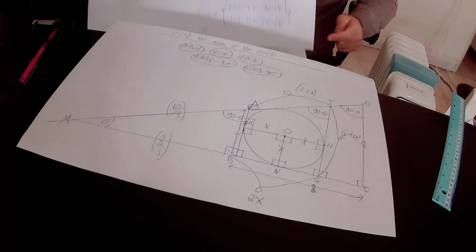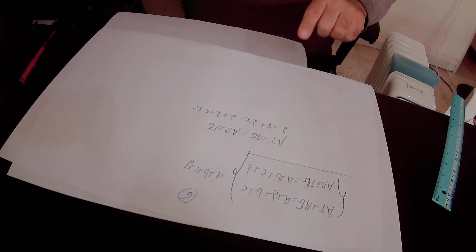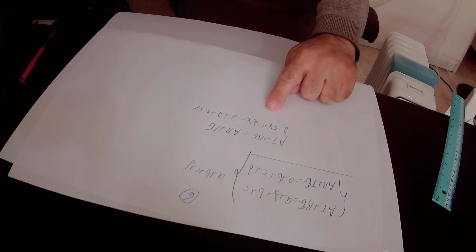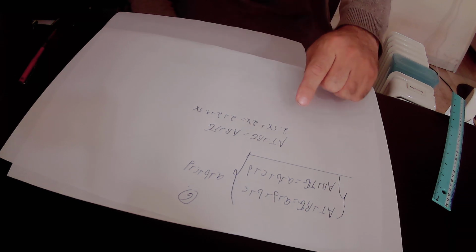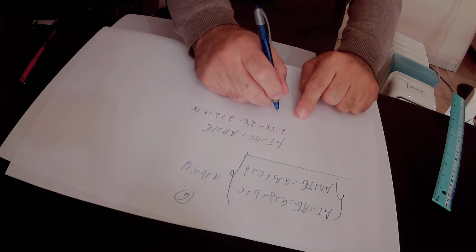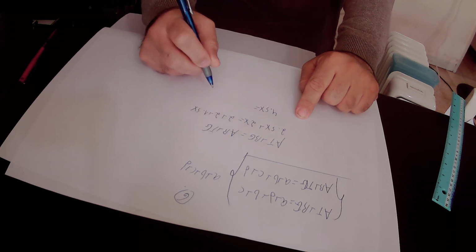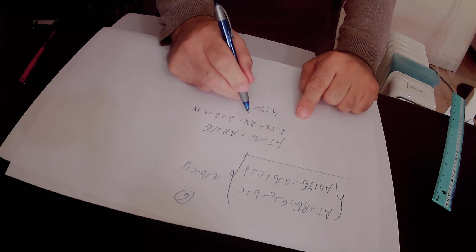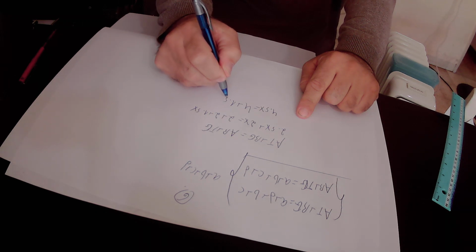So finally we found out that 2.5x plus 2x equals 2 plus 2 plus 1.5x. 2.5x plus 2x is 4.5x. And it is equal to 2 plus 2 is 4 plus 1.5x.